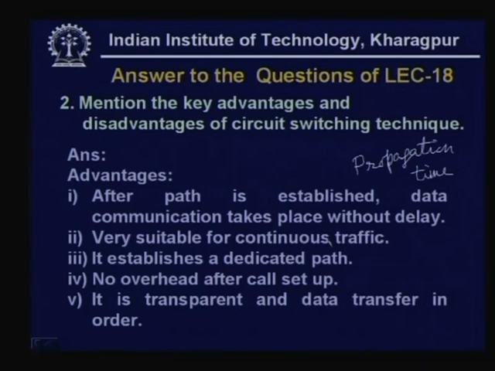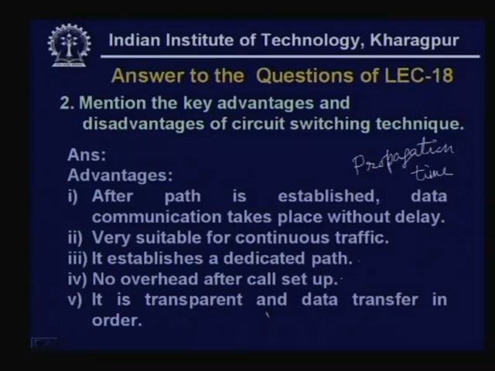Obviously, the circuit switching is very suitable when there is a stream traffic, continuous traffic is being sent from the source to destination. Then it establishes the dedicated path we have seen, and there is no overhead after call setup, and it is transparent, and data transfer is in order. As I mentioned, whenever a circuit switch network is established, then whatever is sent in the same order, it reaches the destination.